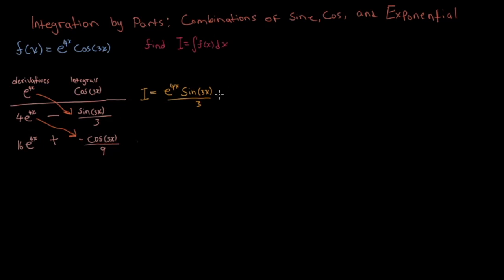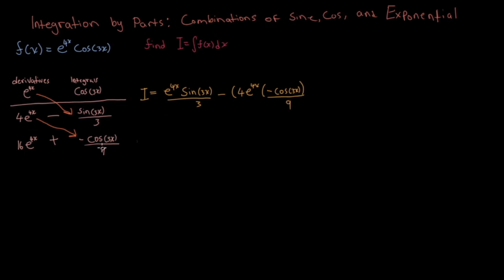Actually, we'll go negative because there's a negative on the cos there, so minus 4 times e to the 4x times negative cos 3x divided by 9.